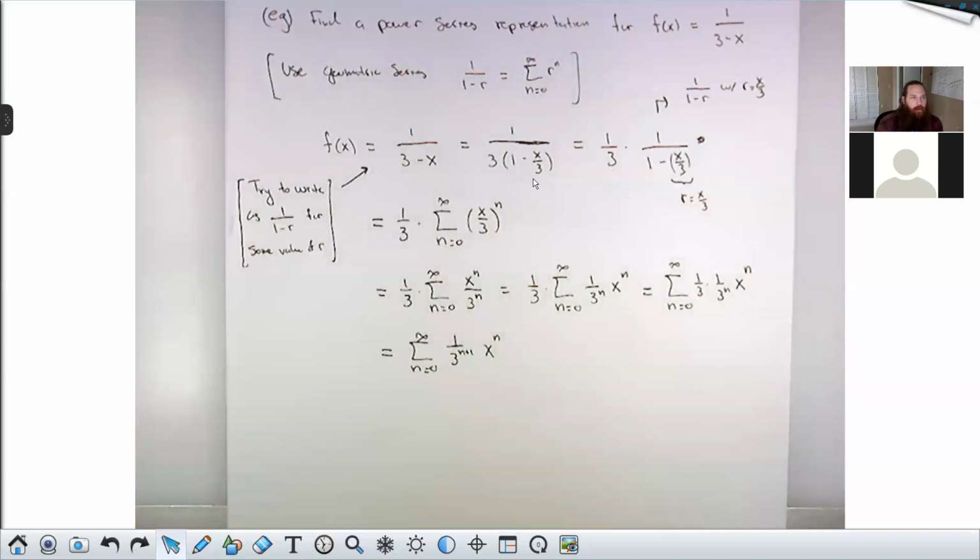Ah, Fernando, you're so sneaky. Yes, you could do that also. So what Fernando said in chat is correct. We could do it like that. Your series would be centered at 2 then instead of at 0. And sometimes that's a really good move. But what I'm showing you here is the more standard approach, because depending on the constant here, it's not always easy to get a 1 there.